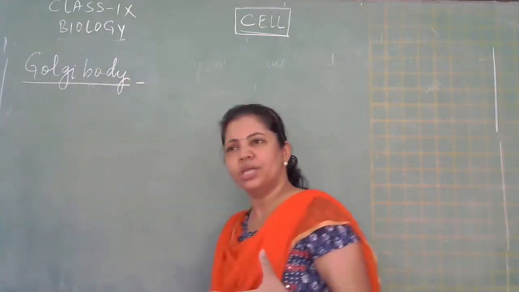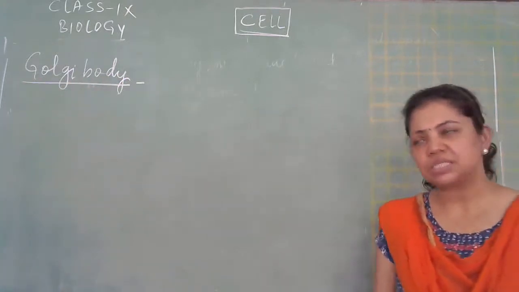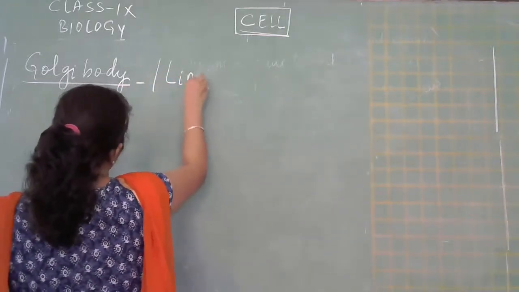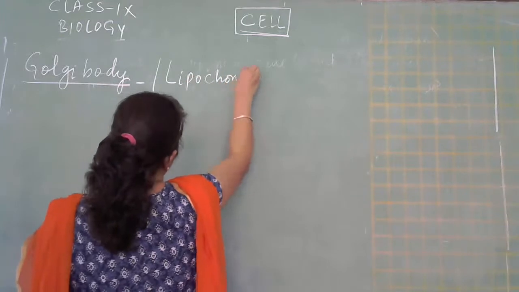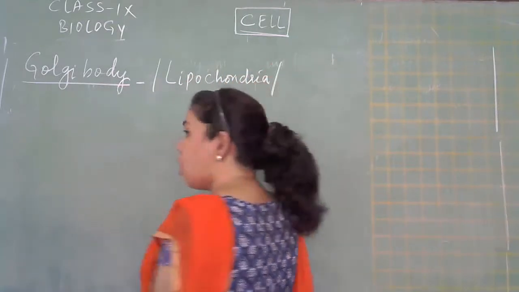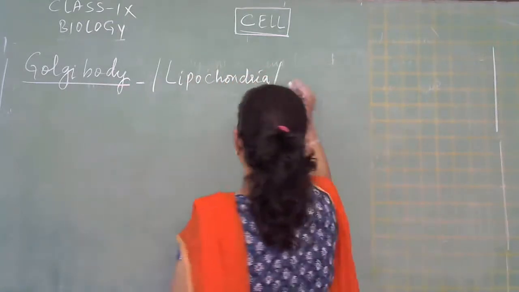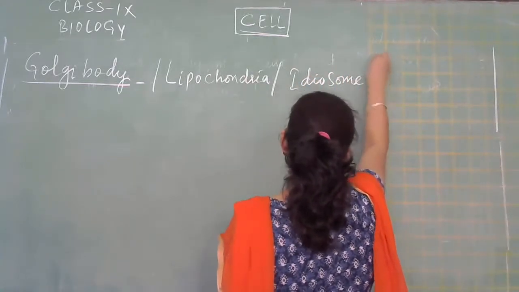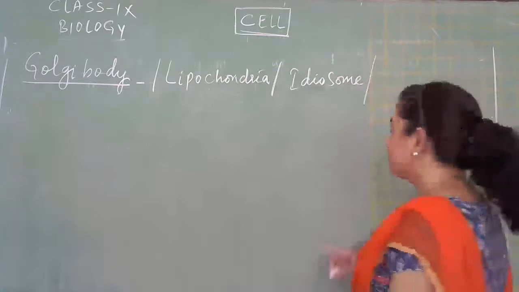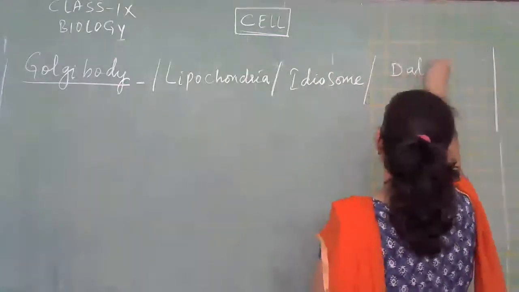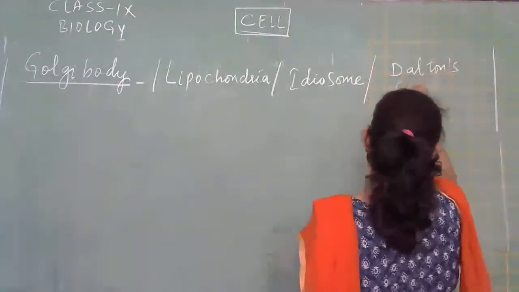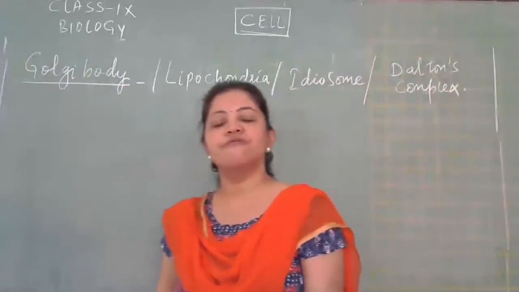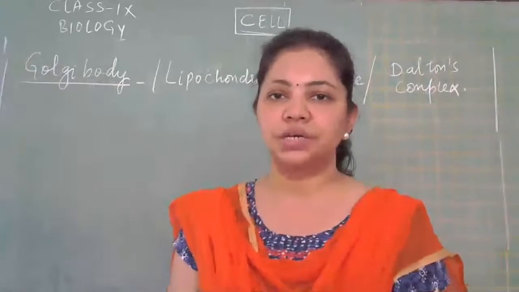Yes, Golgi body, Golgi complex, or it is also known by the name mitochondria, or one more name, idiosome, or one more is there, that is called Dalton's complex. Yes, these are the different names for Golgi complex, right?